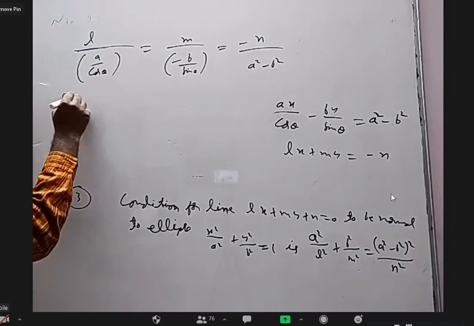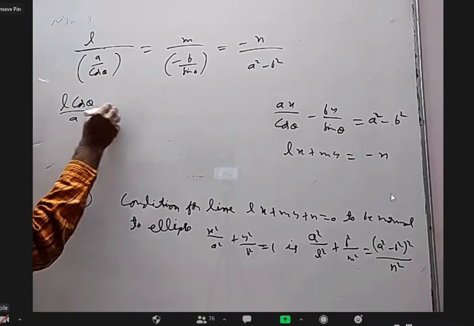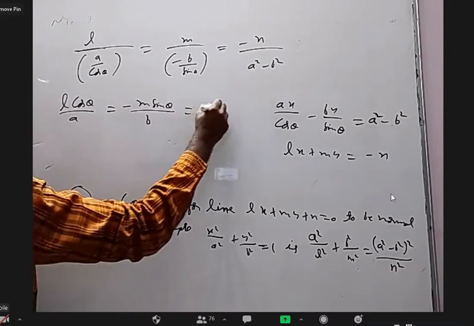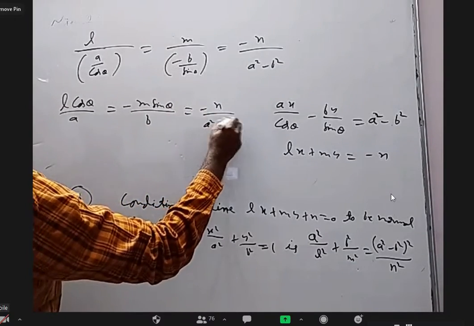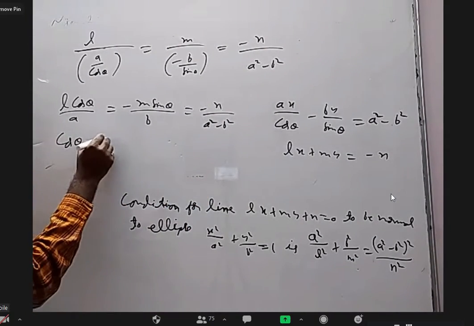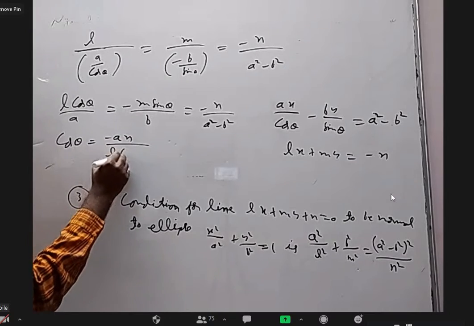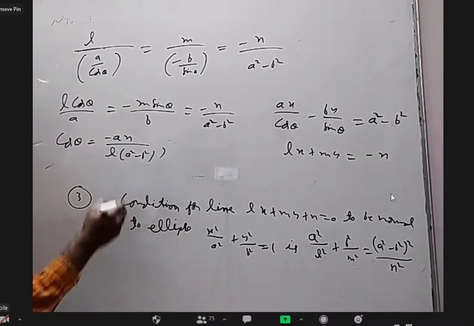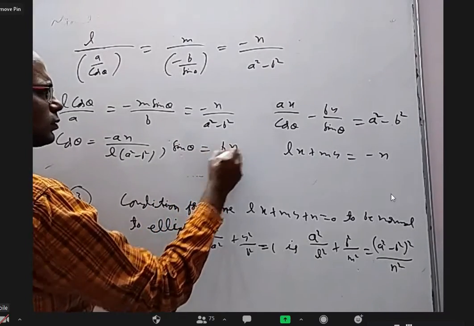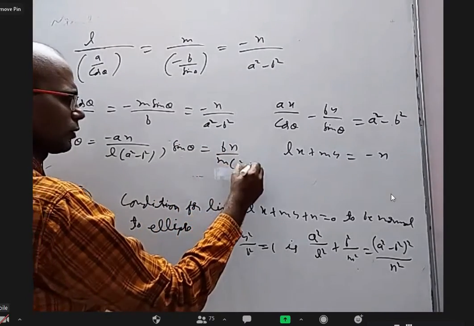This will go up: l cos theta by a, minus m sin theta by b, minus n by a square minus b square. So equate these two. Cos theta is equal to minus an by l into a square minus b square. Sin theta equal to bn by m into a square minus b square.